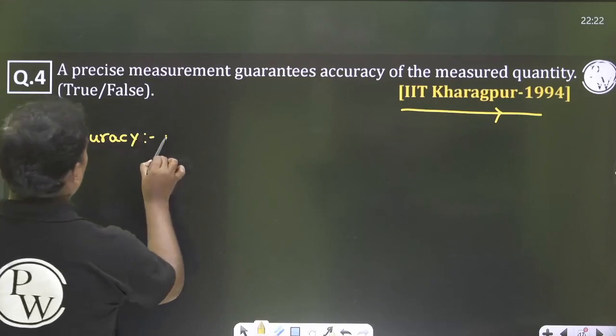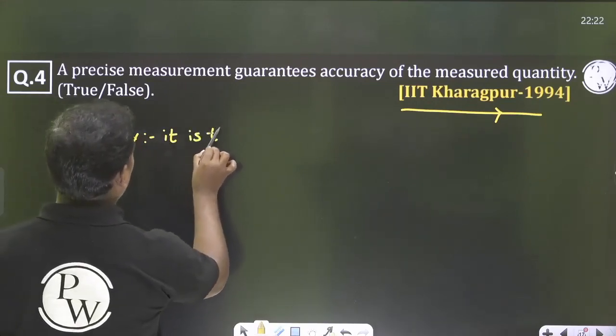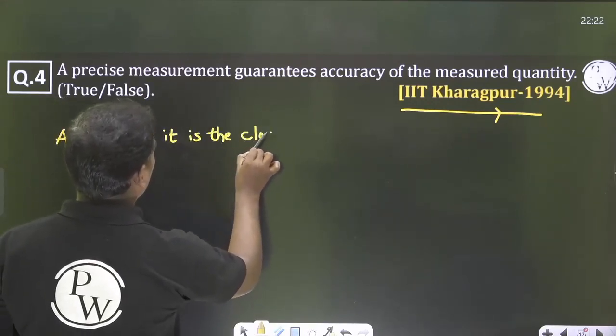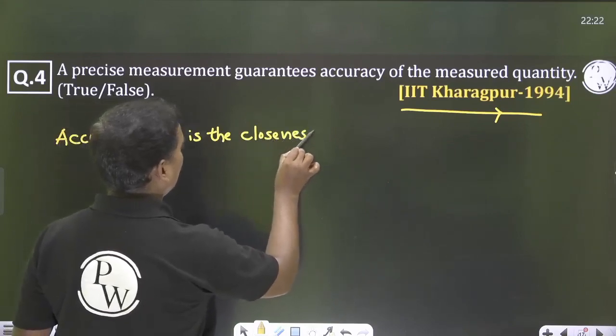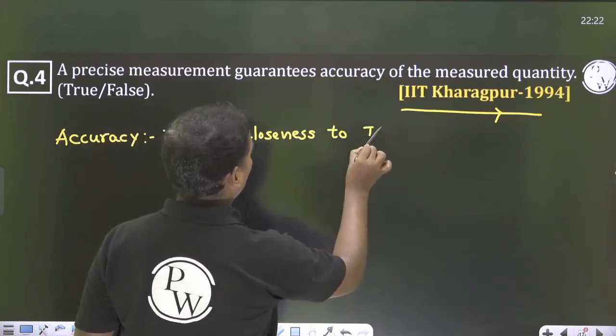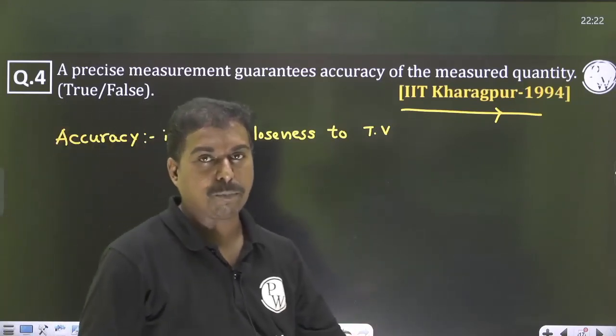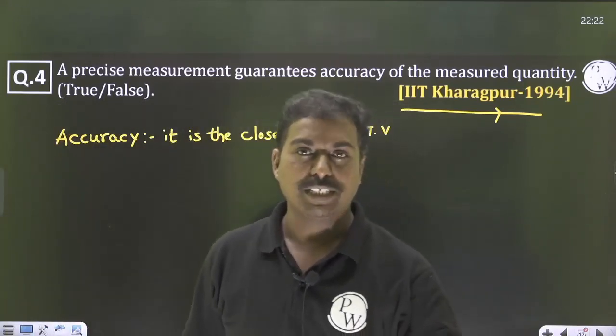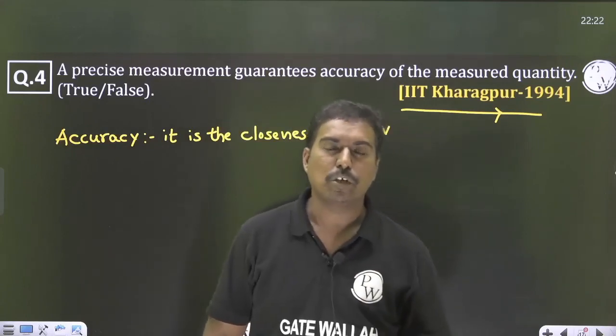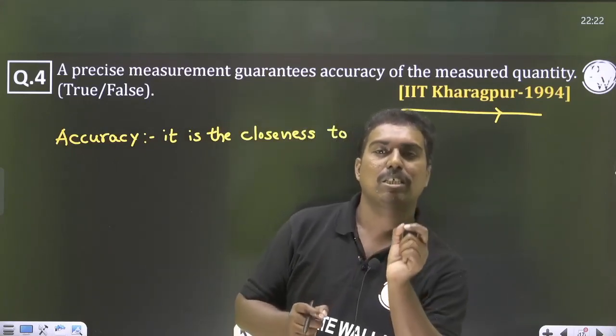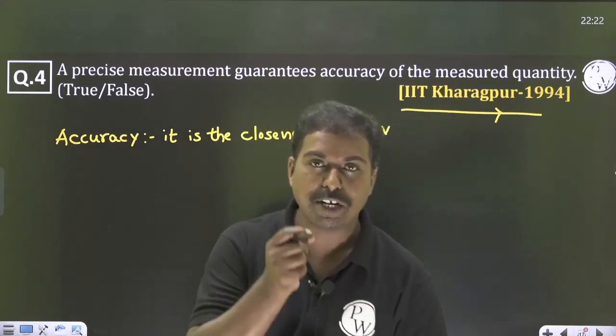Accuracy is the closeness to the true value, the degree of closeness. Suppose the temperature is 25 degrees Celsius and the thermometer shows 24.5; the accuracy is plus or minus 0.5. It is 0.5 close.